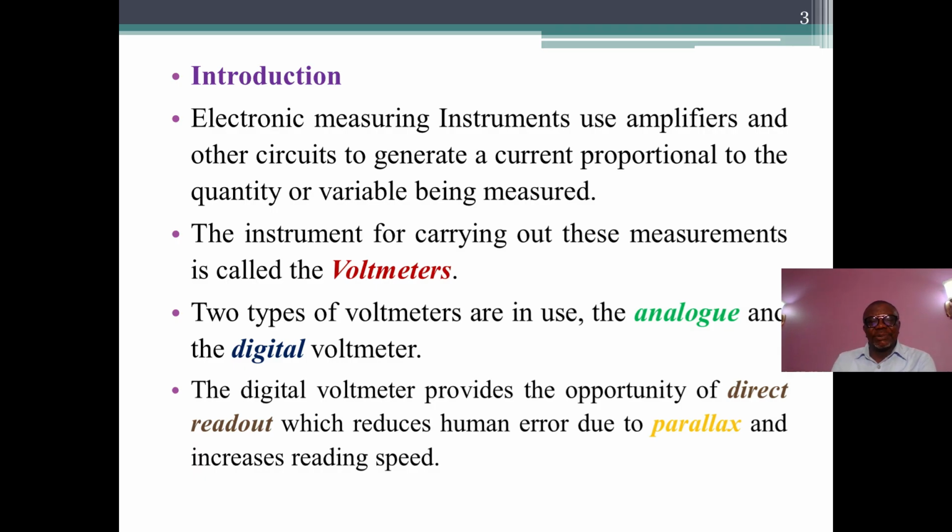There are different types of voltmeters, but no matter what the class is, it could be classified as analog or digital voltmeter. The digital voltmeter provides the opportunity of direct readout, which reduces human error due to parallax and increases reading speed.